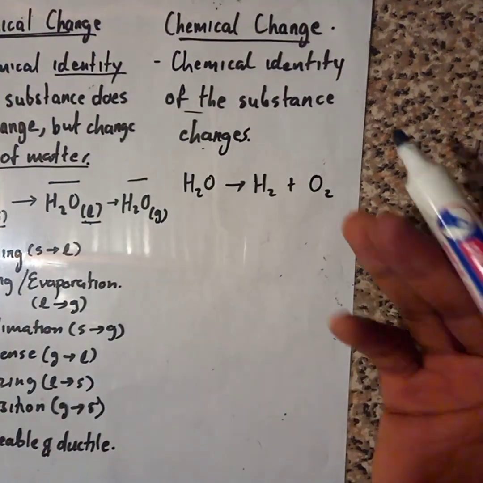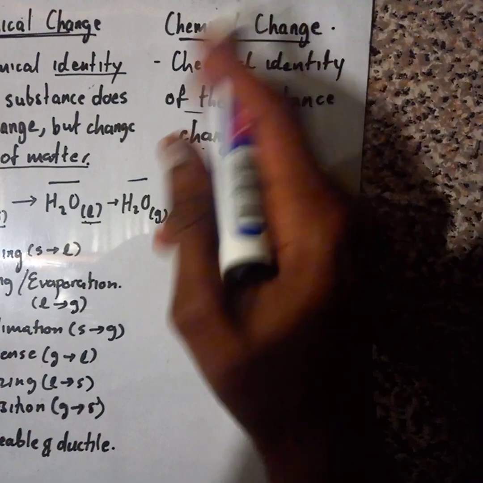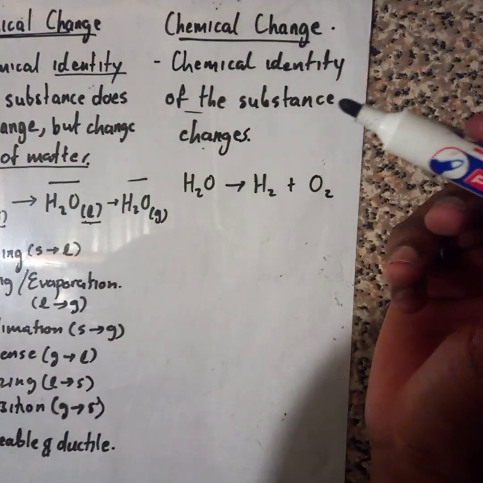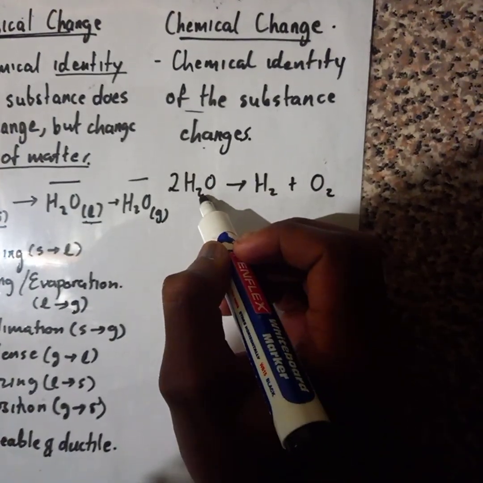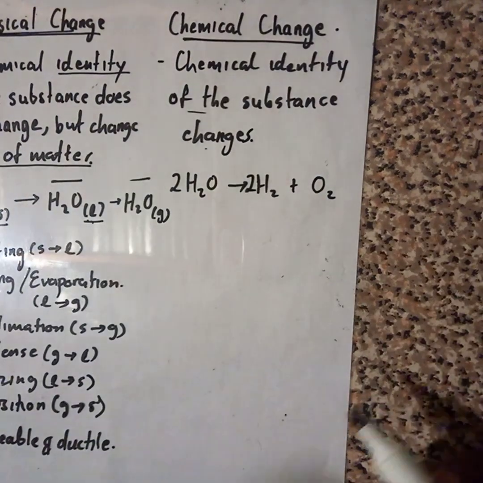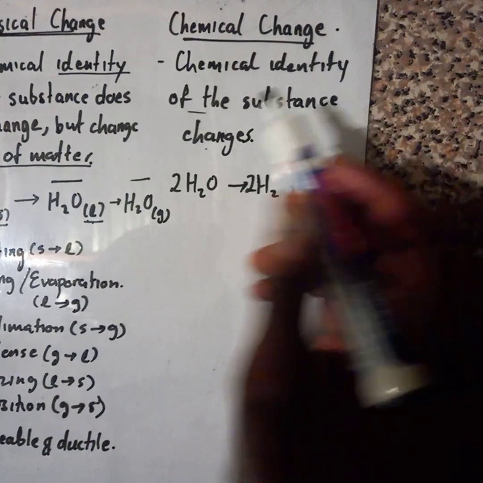There's no need for us to balance it now, because I just want to explain the concept of chemical change. Oh, it's fine, let us balance it because it's so simple. We put 2, that is 4 hydrogen, 2 here, it's 4, we have 2, it's fine.